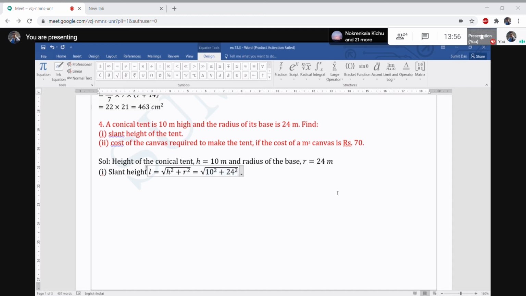Let me know the answer. 10 square plus 24 square. Please do this one now and let me know the answer within 2 minutes. Do this in your book, and let me know the answer. What is 10 square plus 24 square?